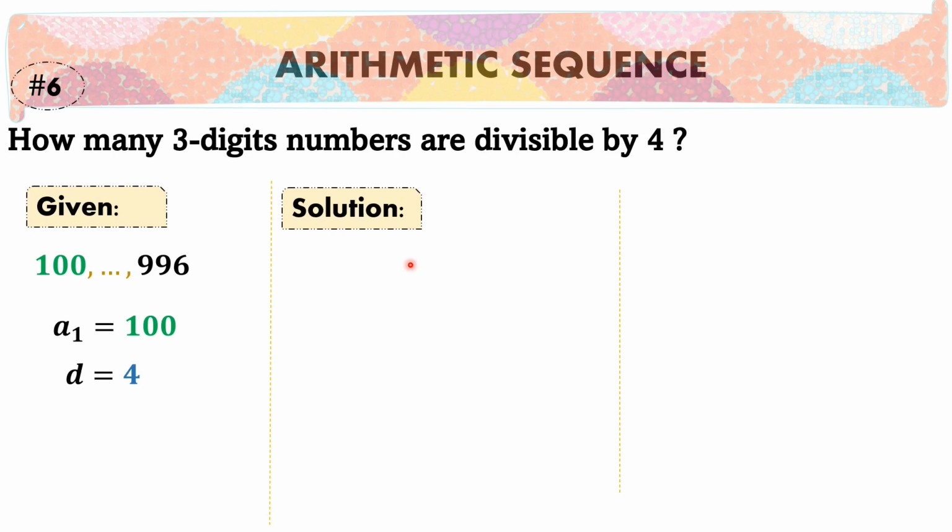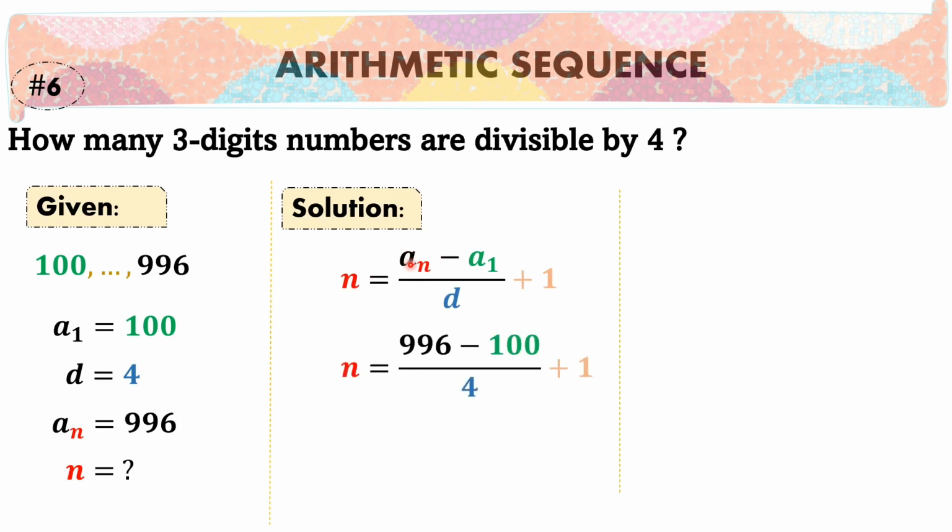And then A sub n is 996. Using the n formula, substituting the given, A sub n is 996, A sub 1 is 100, D is 4.